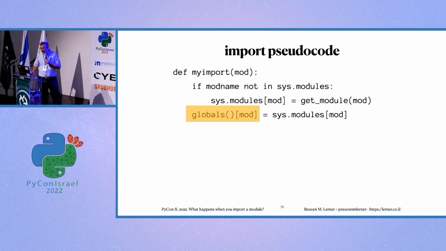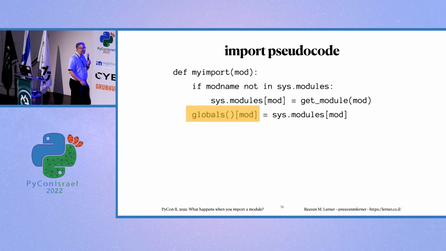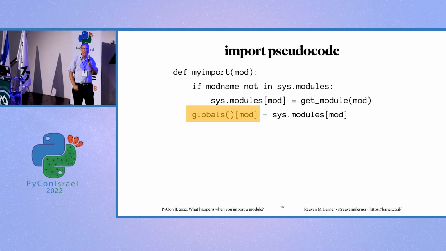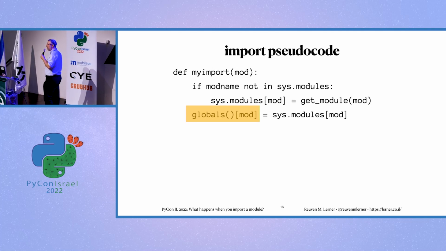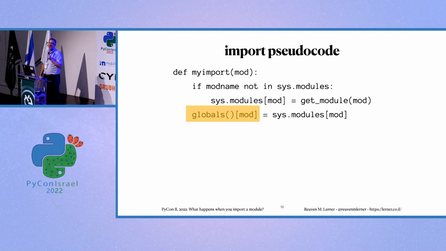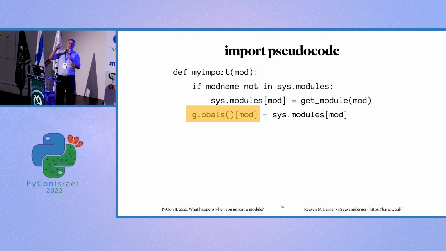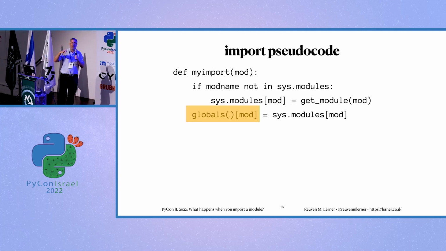Wait. We can assign, what the heck is this thing? Well, it turns out that a built-in function in Python is globals. And if you call globals, you get back a dictionary containing all of the global variables. The keys are the global names, and the values are the global values. Yet another good way to demonstrate to people that anything can be a value in a Python dictionary.